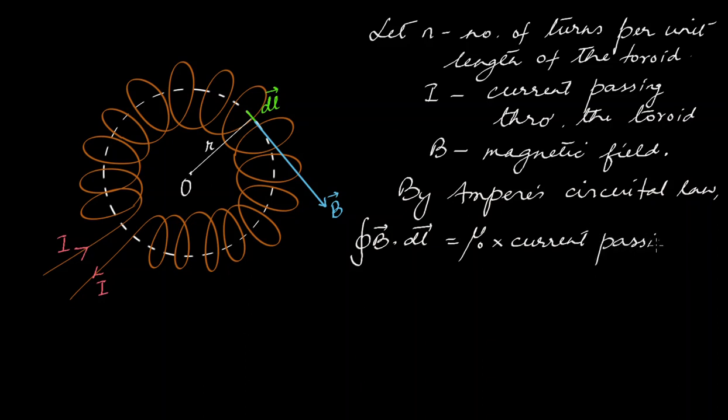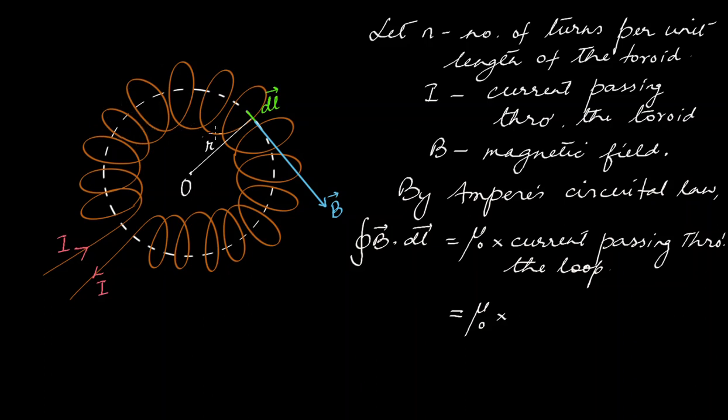So this will be mu naught times the current passing through the loop. Okay, so that will be mu naught, and the current passing through the loop will be what? It will be the number of turns, because the current is not going only once. It is entering, leaving, entering, entering, entering the loops like this.